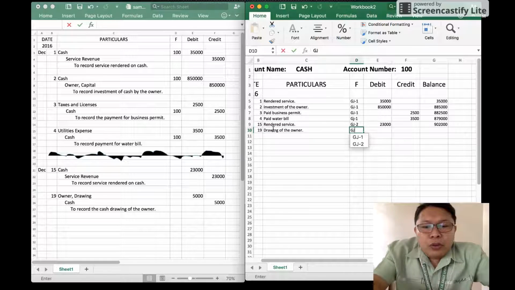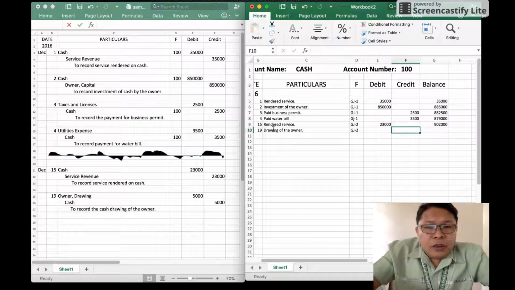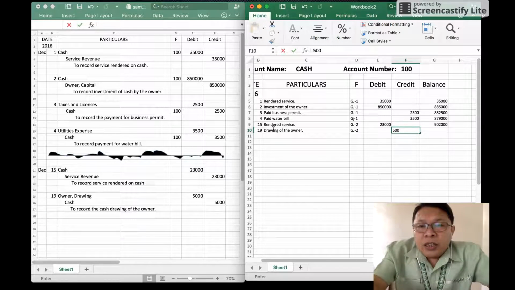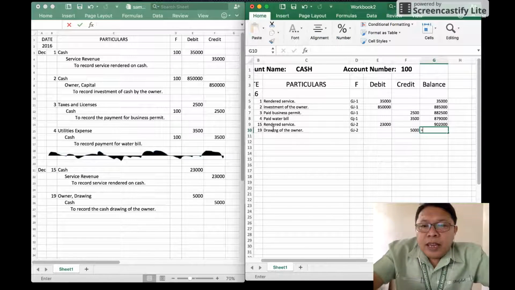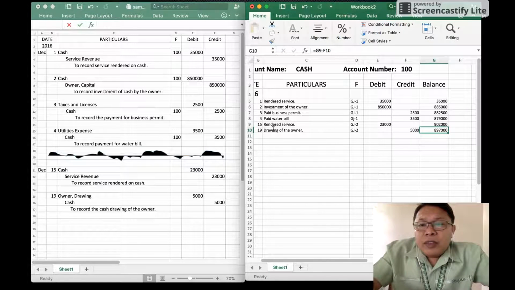So drawing of the owner appears on our general journal page 2. This is a credit of 5,000. And we know again that because this is a credit and our existing balance is a debit balance, therefore we need to deduct the amount from the existing debit balance. And here, 897,000 is now our final amount.